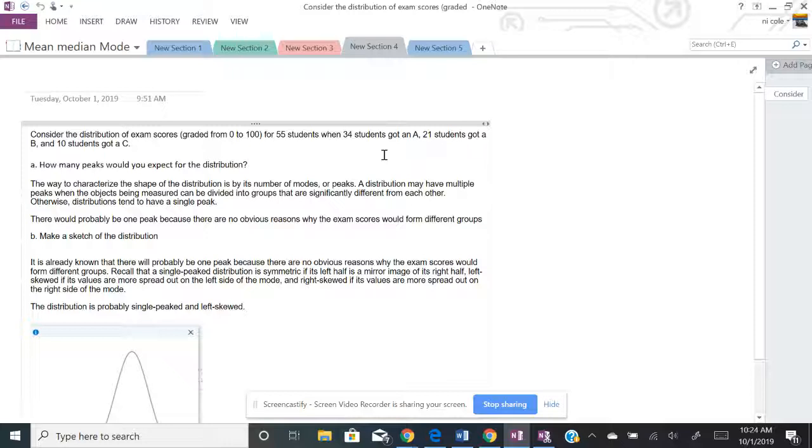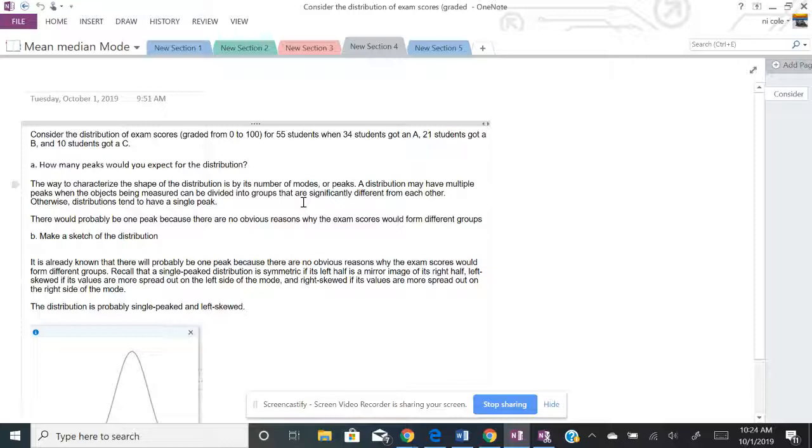You are also going to get stuff that looks like this. Consider the distribution of exam scores from 0 to 100 for 55 students when 34 students got an A, 21 students got a B, and 10 students got a C. How many peaks would you expect for this distribution?